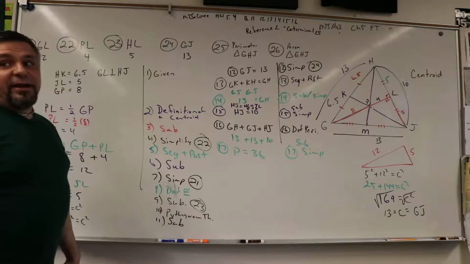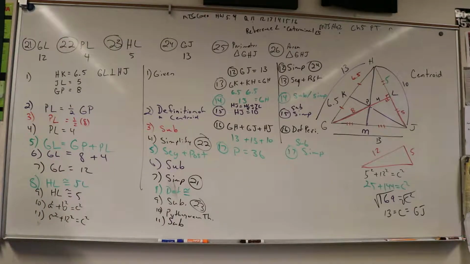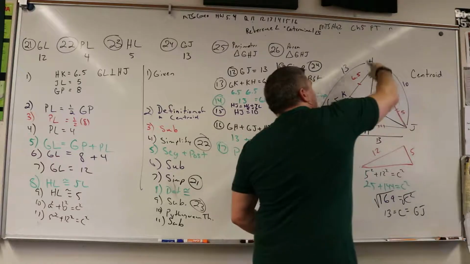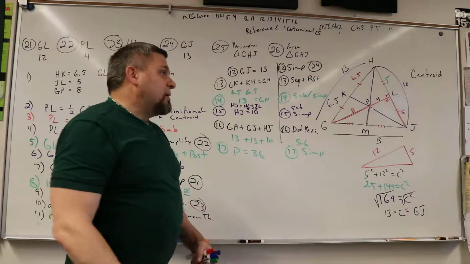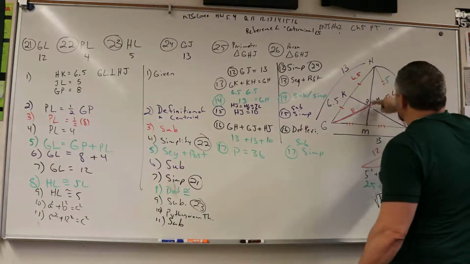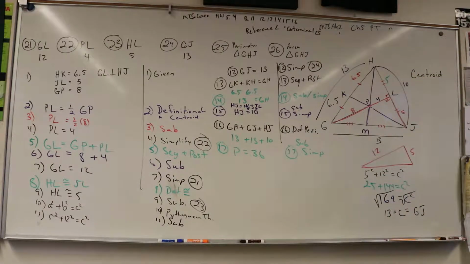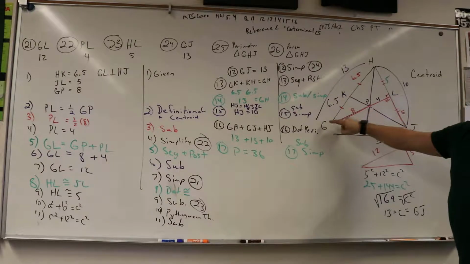Now, what do we do for area, though? So they want to know the area. Remember, it's going to be base times the height. Right? So we need to know what this height is. Do we know that height? No. Snaps. We don't know that height. Wait a minute. Oh, wait. We know this height.